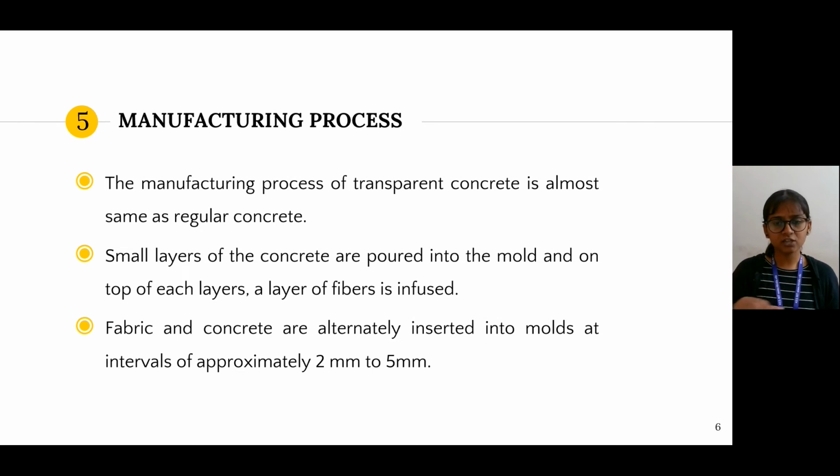Layers of optical fibers are firstly arranged in that mold, and again concrete is poured. The fabric and concrete are alternately inserted in the mold at intervals of 2 millimeter to 5 millimeter.